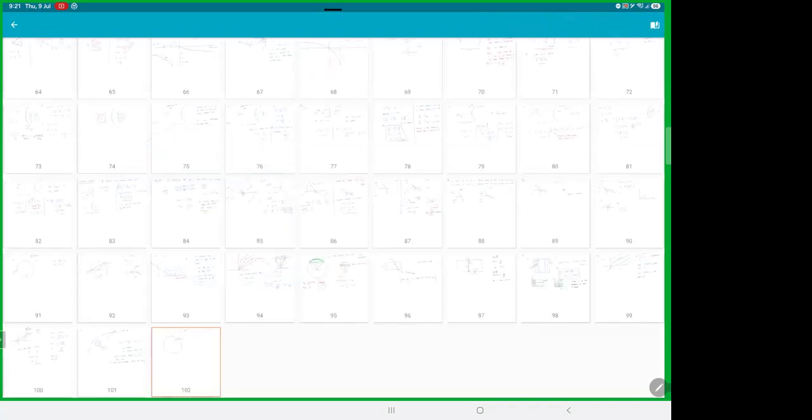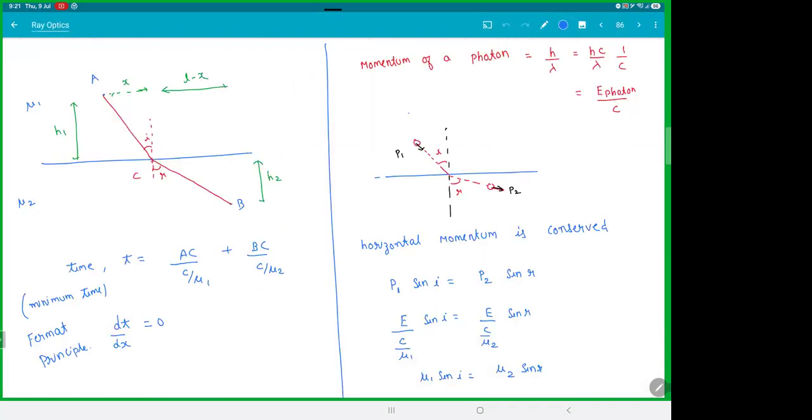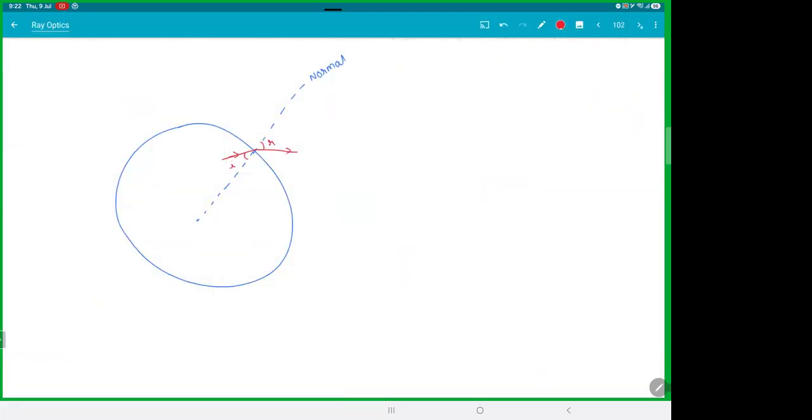If you remember last class in Fermat principle, this is what we said. The horizontal momentum is conserved. So there is a force in the vertical direction, right? So the force is along the normal. There is no force in the horizontal direction. So this is the first thing you should have an idea about.